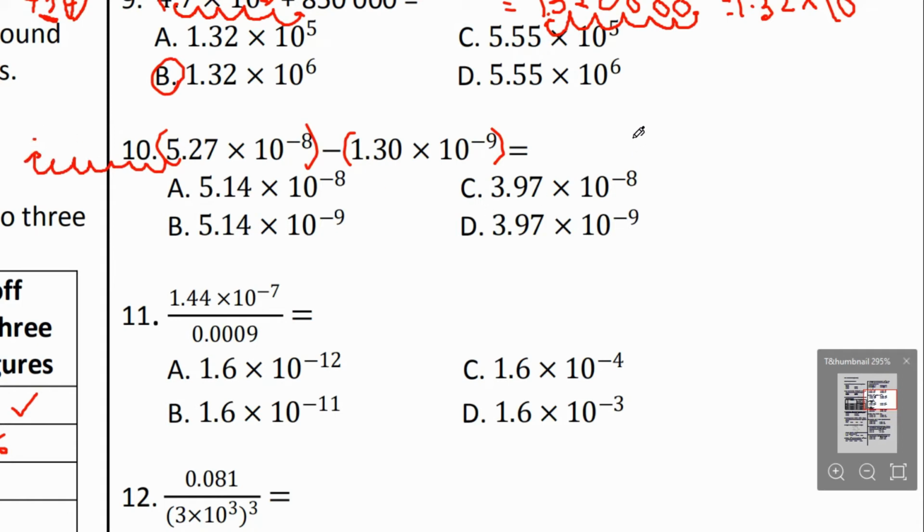Then you will have 0.0000000527, minus, for negative 9, we move the decimal to the front 9 times. So you have minus 0.00000000130.